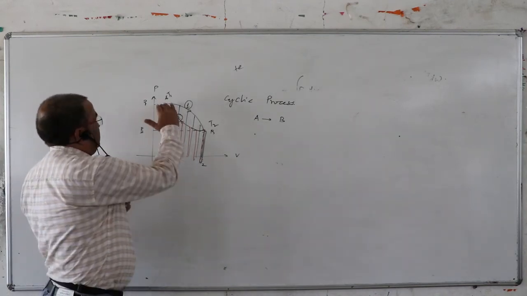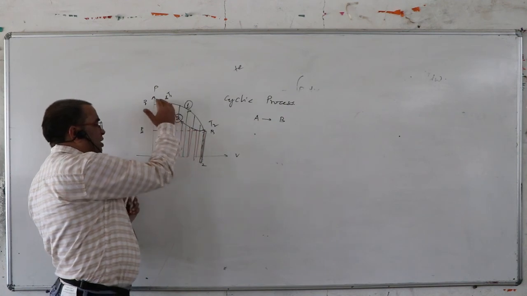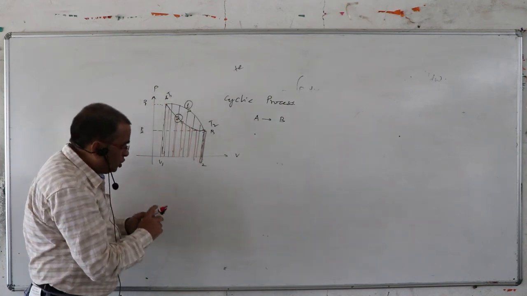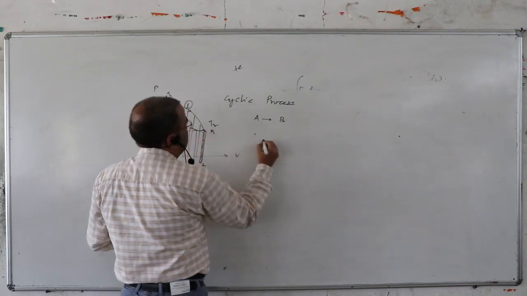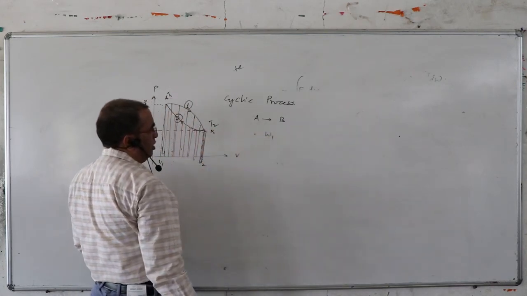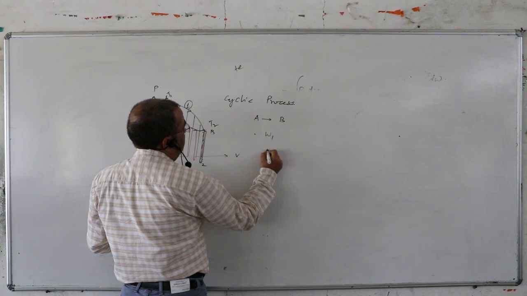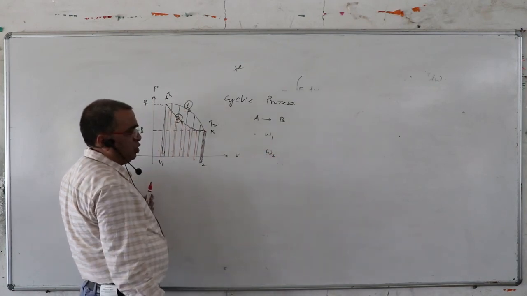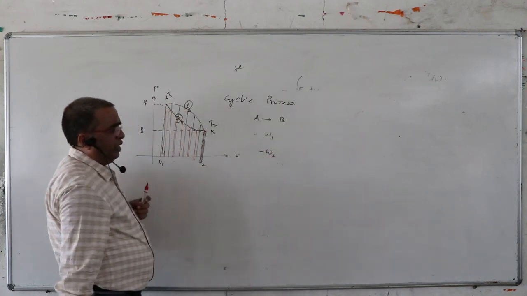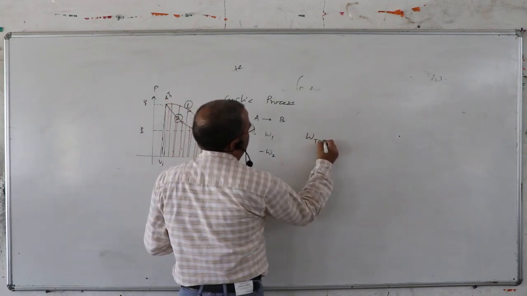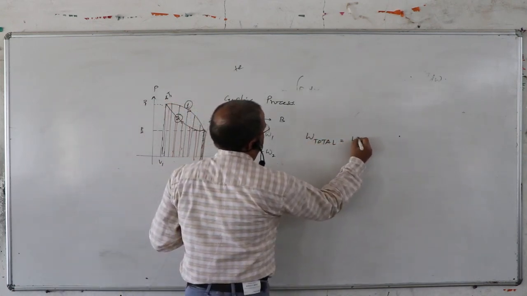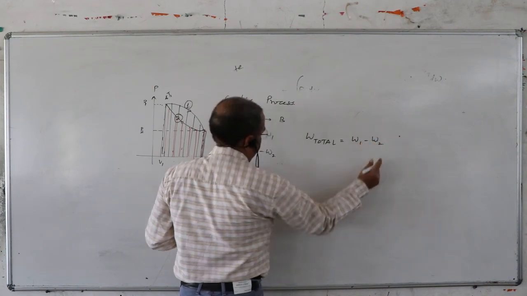Work done in process 1 is W1. Similarly, work done in the second process is W2, and definitely it is minus W2, negative work done. So total work done by the gas, W total, will be W1 minus W2.